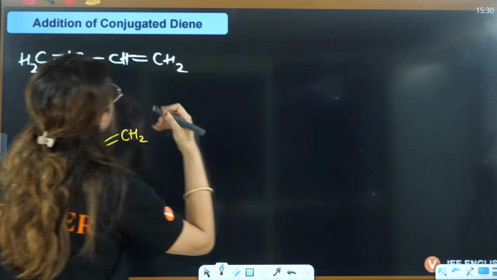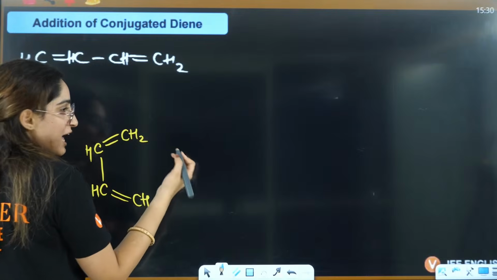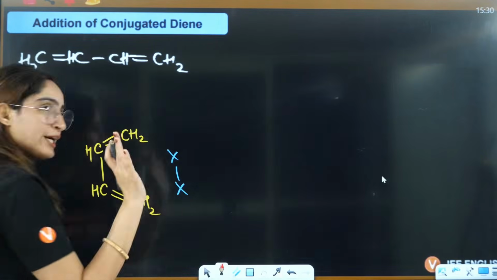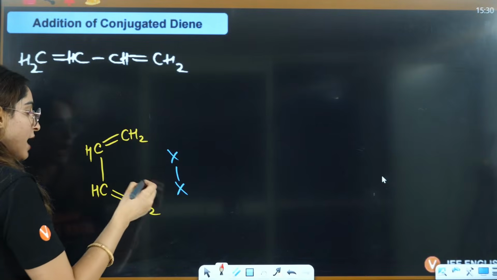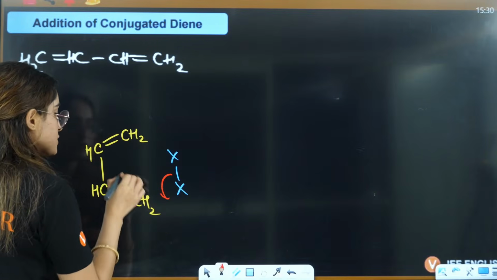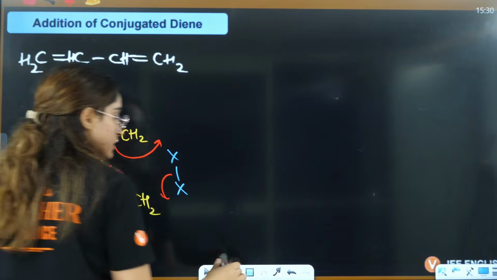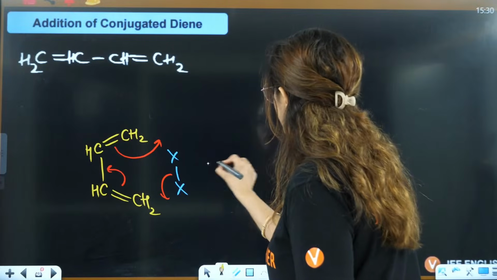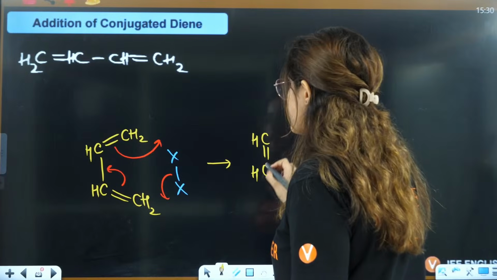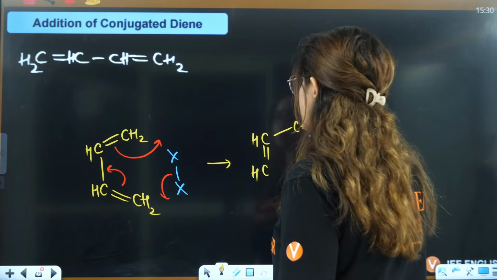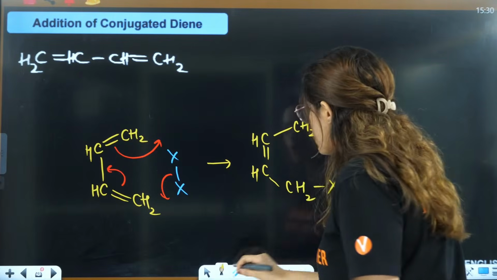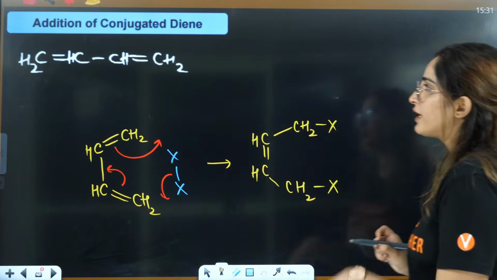And here, for example, you are adding something. Let's say you are adding a halogen here. Hydrogen I have already taught you, so let's talk about halogen. This bond will shift here, this bond will shift here, and this bond will shift here. And hence you will have the formation of CH, double bond, CH, CH2 with X, and CH2 with X. So can you see this is 1,4 addition?